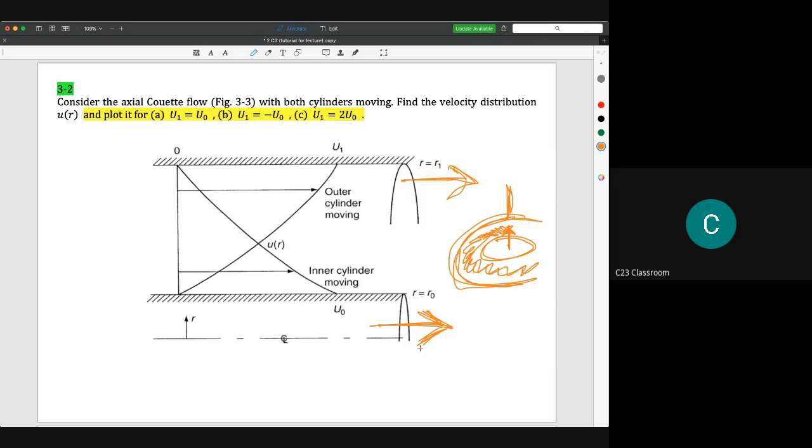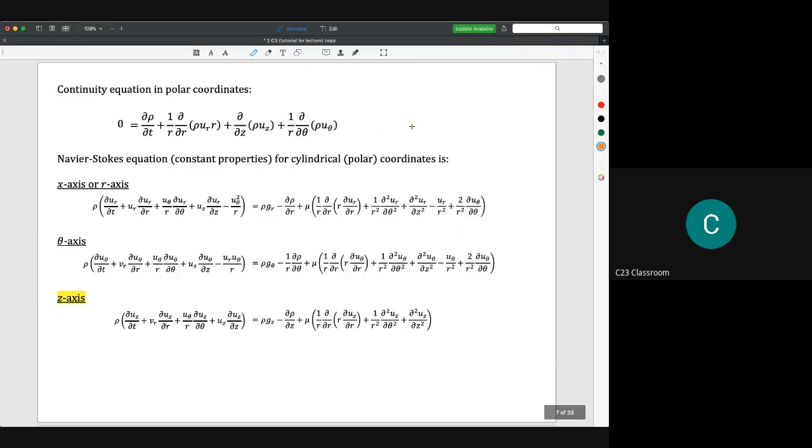I'm not going to plot this one, because it needs substituting a few data points and creating a graph in Excel. So what I do is we just practice finding the velocity distribution for this situation. Because it involves a circular shape, we need to choose polar coordinates.